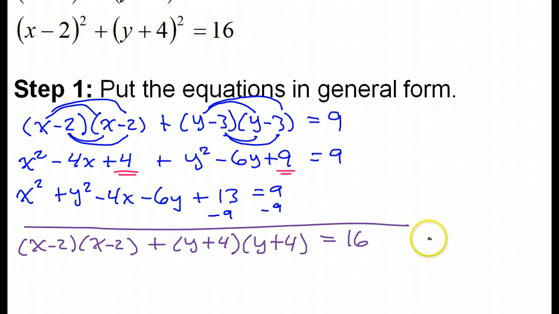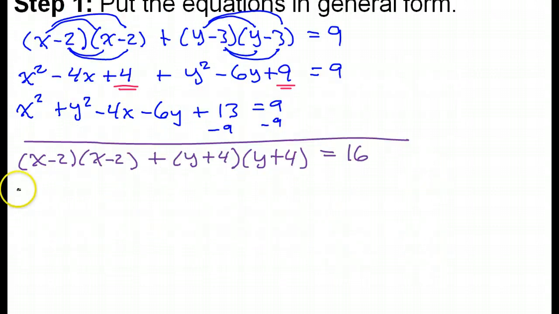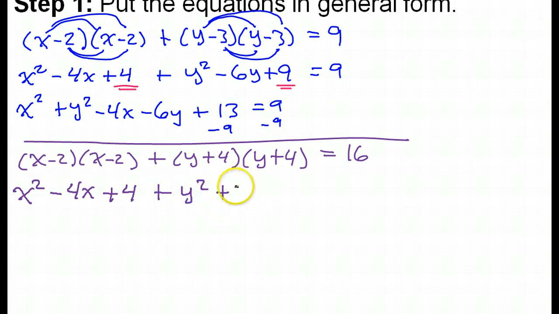So to write this in general form, again this is going to be x squared minus 4x plus 4, and this one's going to be y squared plus 8y plus 16, and that's equal to 16. I'm just doing the double distributive property just like I did up there.